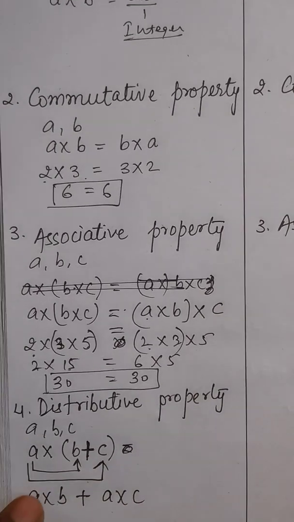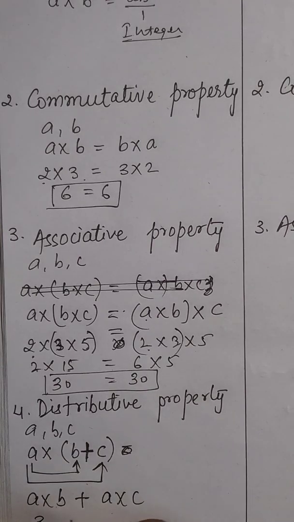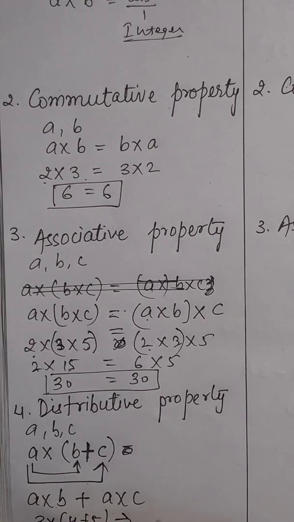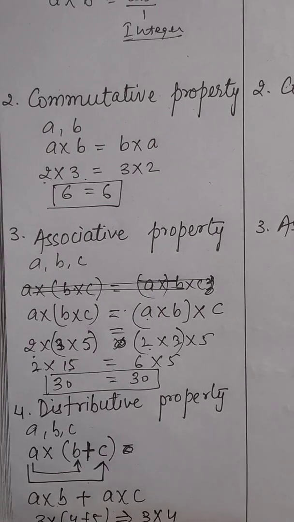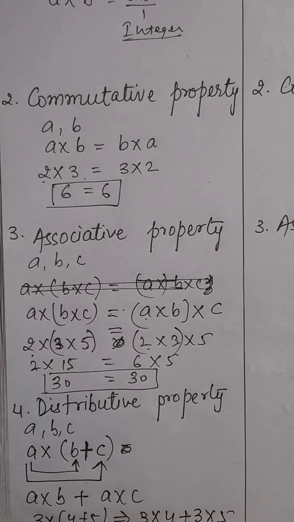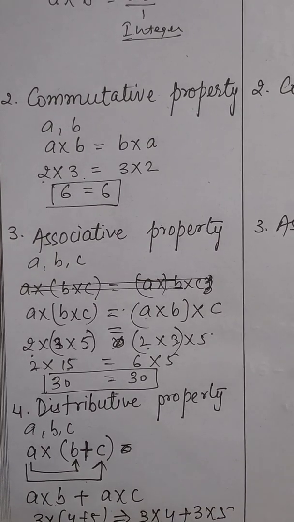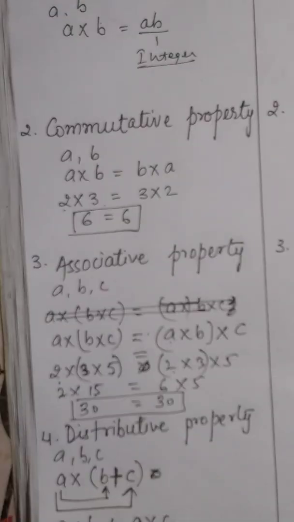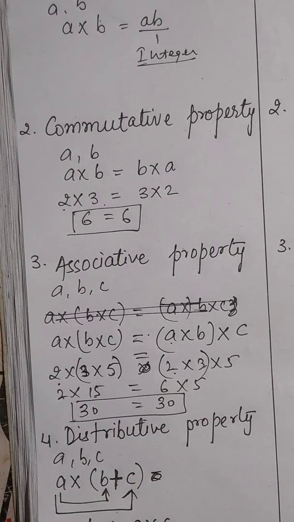Now, taking an example, 3 into 4 plus 5, we will get 3 into 4 plus 3 into 5. 3 fours are 12 plus 3 fives are 15. We will get 27. That's it, the distributive property of multiplication.